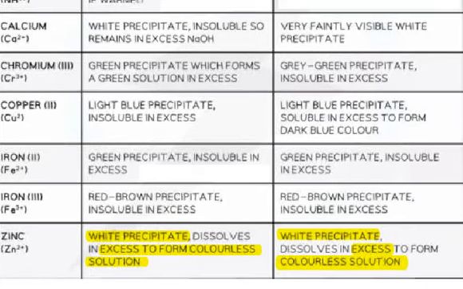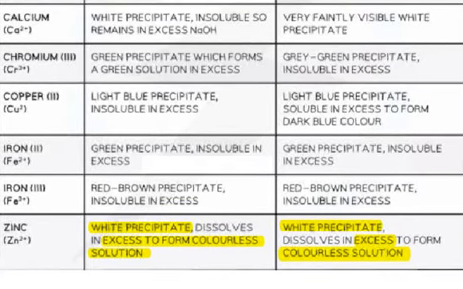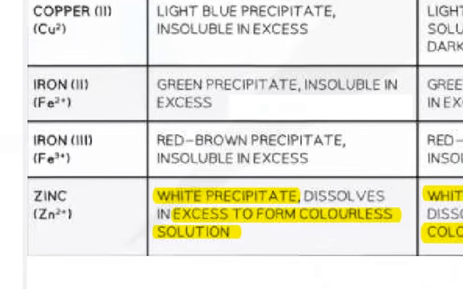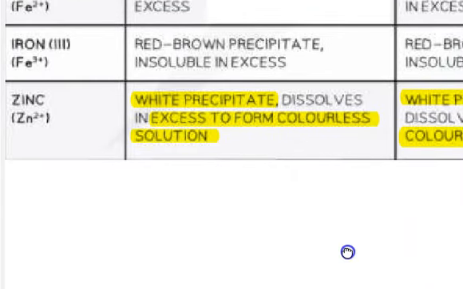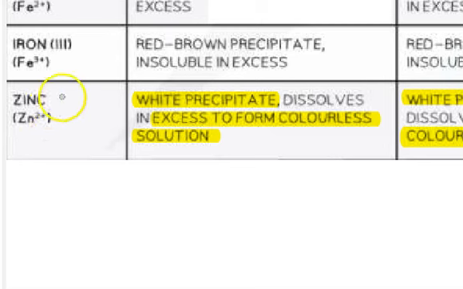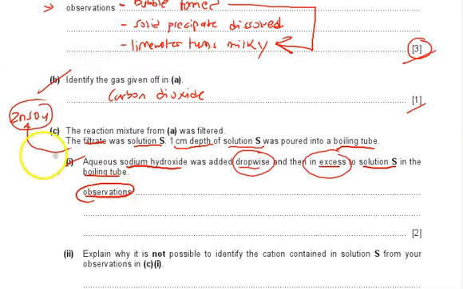Now we look at this part. For zinc, we have a white precipitate. This is for the dropwise, and then it dissolves in excess to form a colorless solution. So guys, please remember this. Go back to the question.